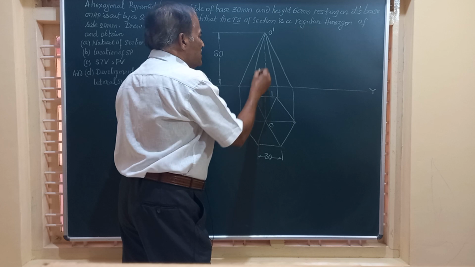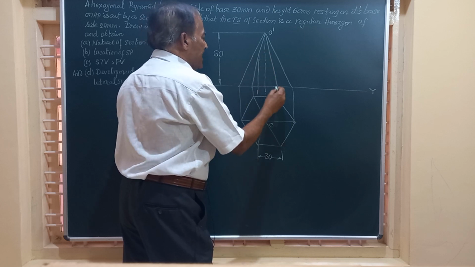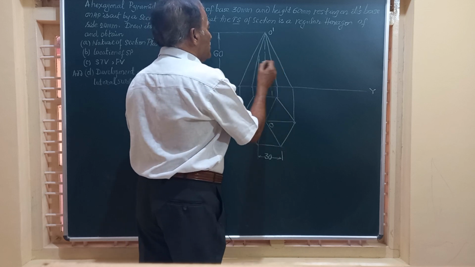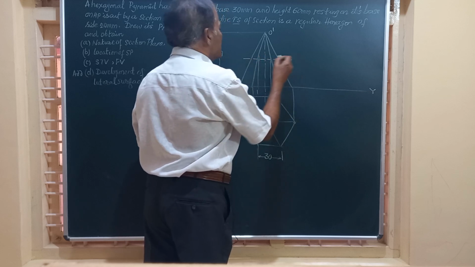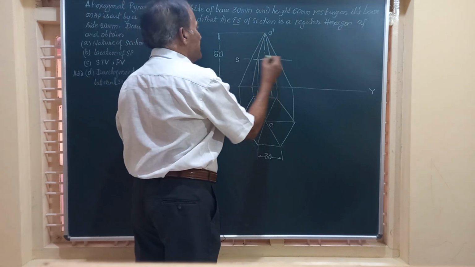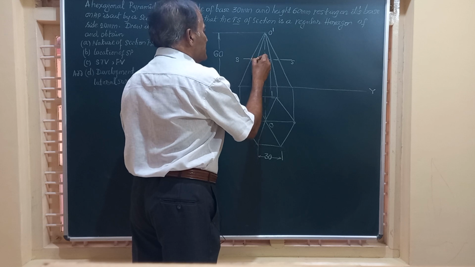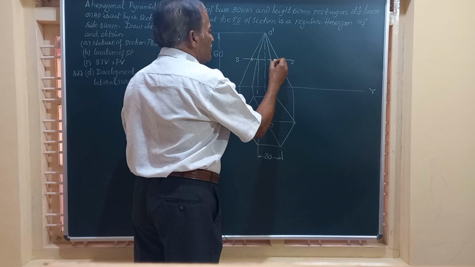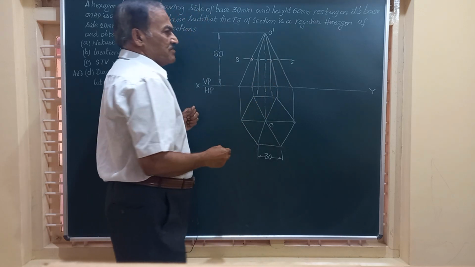If you project the line, this line will touch these slant edges at a height, and all these six slant edges of the pyramid will be cut by the section plane SS at the same height. That is to say, this second point, third, fourth, fifth. So all this you are going to get on the same line.